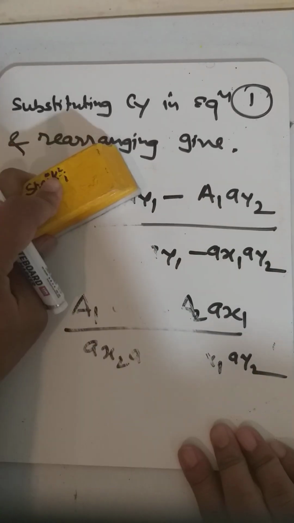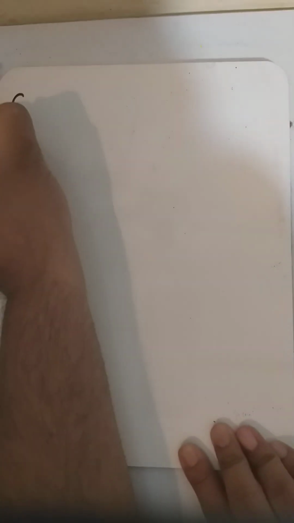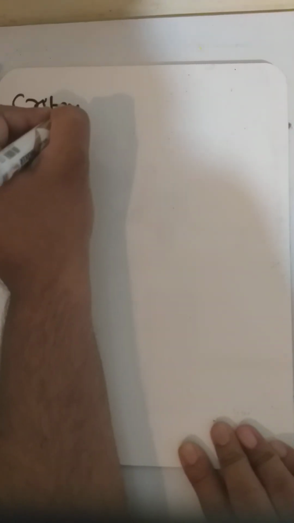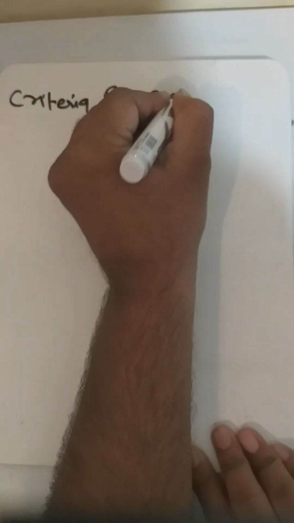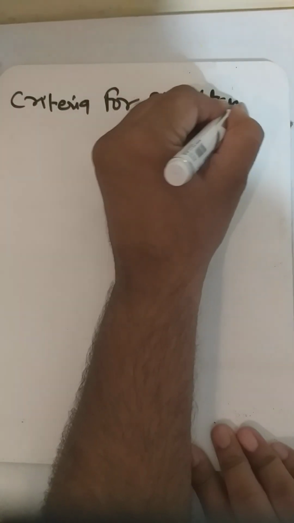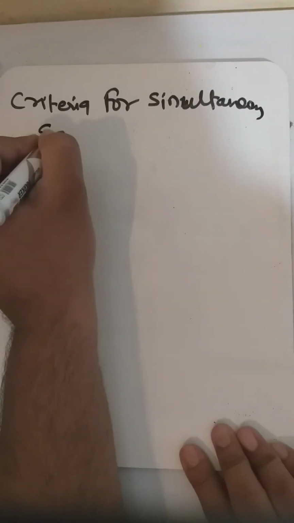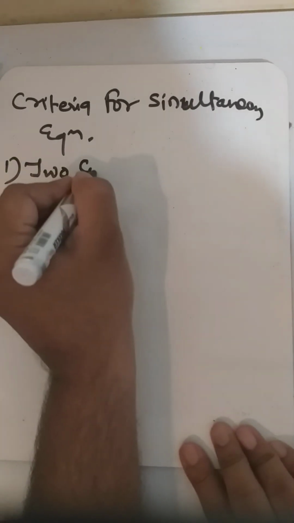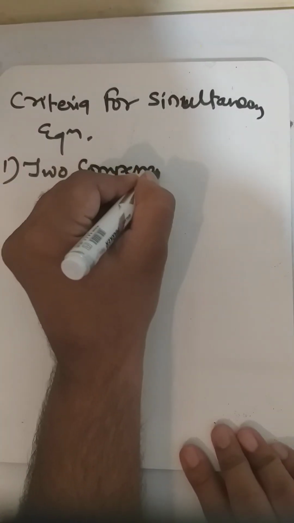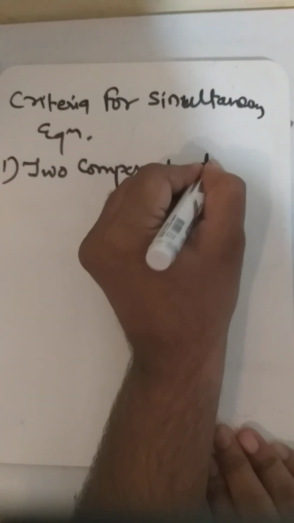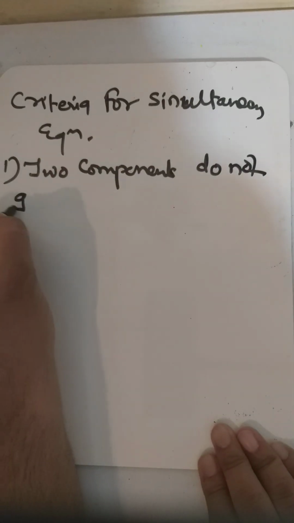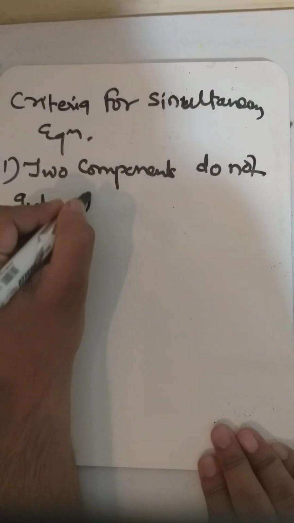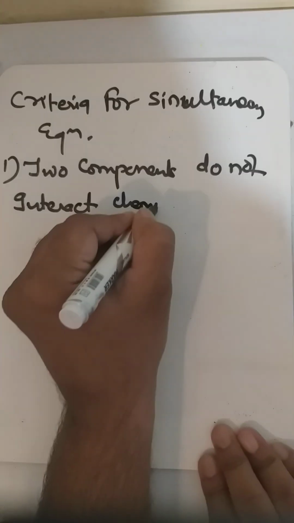Okay. So now what are the criteria for the simultaneous equation method? Let's see. First, the two components do not interact chemically.